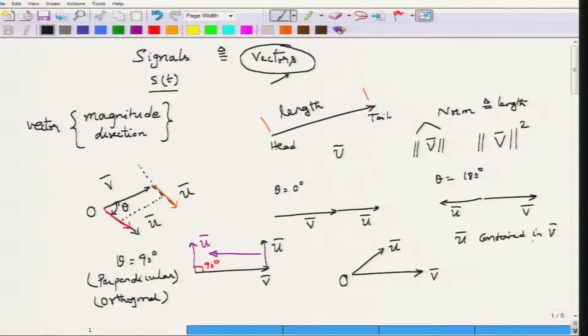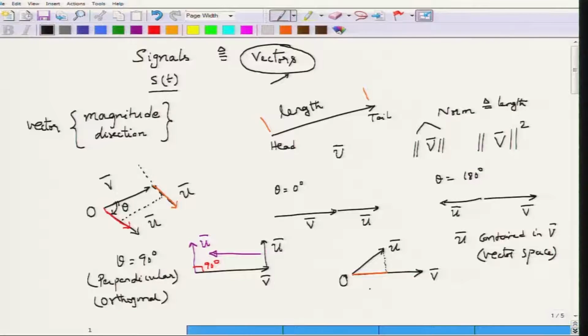For a full answer, you have to wait for a theory known as vector space, but the short answer is that if I were to consider dropping a perpendicular from u to v, then this particular length would represent the amount of u contained along v.